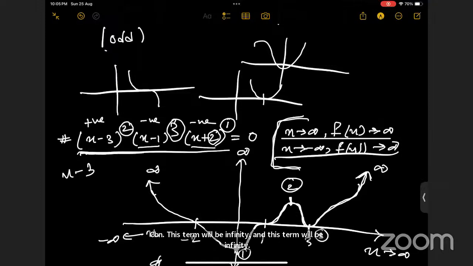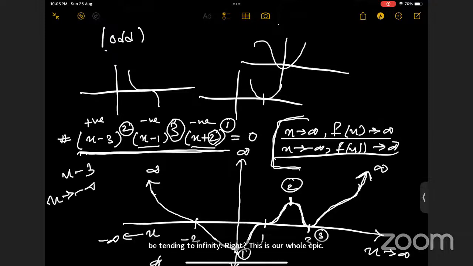Again, if x tends to minus infinity, then x minus 3 will again tend to minus infinity. But here we have an even power, so it will become positive infinity, because the minus will cancel out due to the even power. Here x minus 1 will be negative infinity, but here we have an odd power, so that's why it will be negative.